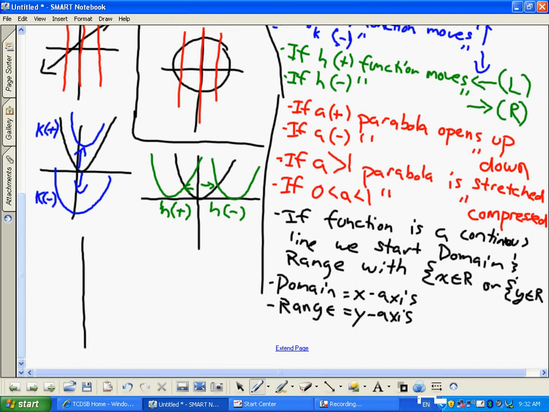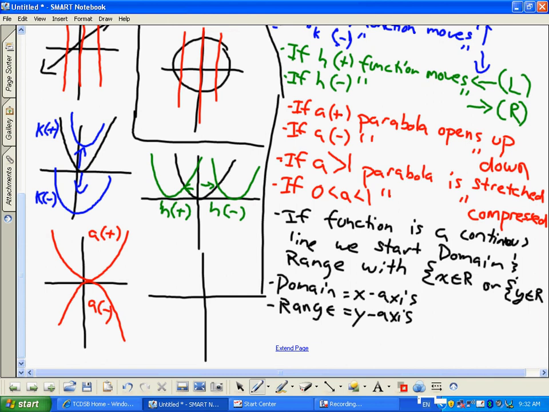And finally, let's do our final two for a. We'll say this is our normal function. Actually, we'll do both in red. Our top one is when a is positive and when a is negative. Okay? a is positive, opens upwards. a negative, opens downwards.